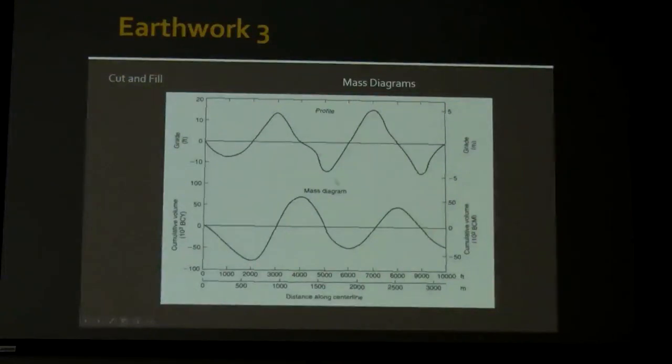Again, here's another mass diagram example where we're requiring material, we're providing material, we're requiring material, providing, and then requiring material. So we're looking at the slopes.